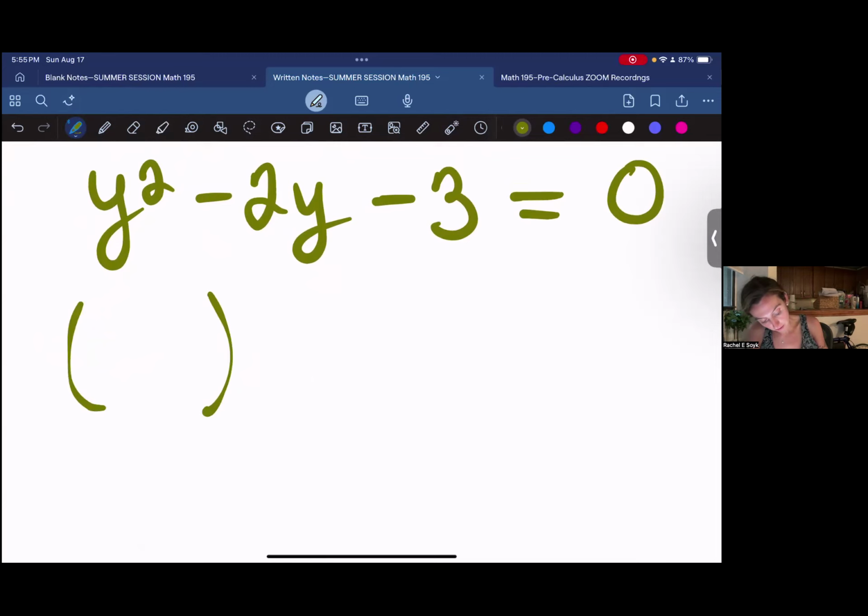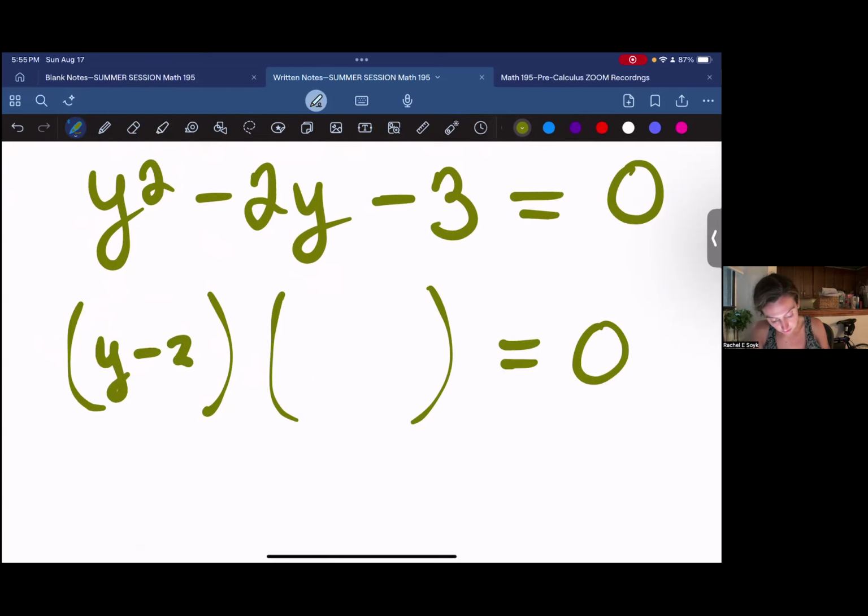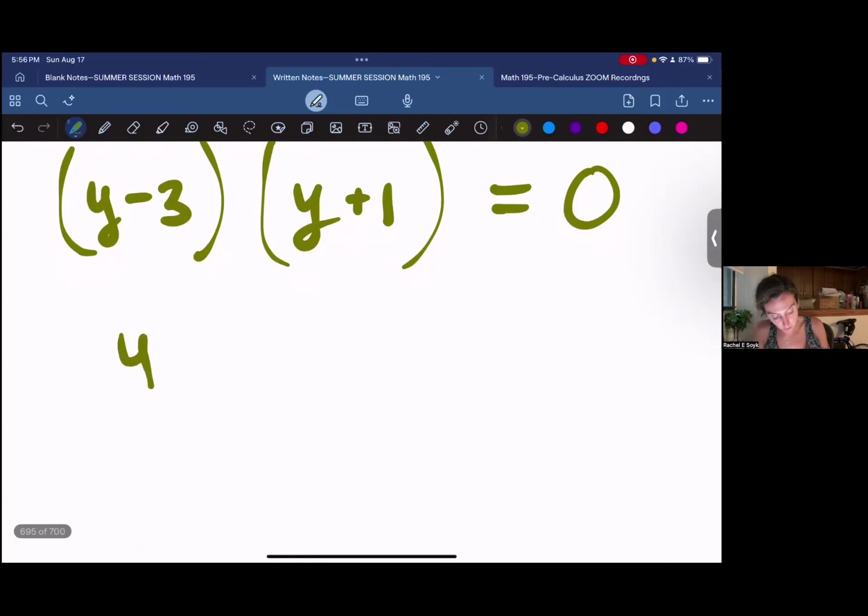What are factor pairs of negative 3 that add to negative 2? Just negative 3 and positive 1. So y minus 3 and y plus 1, which tells us that our two y values are just negative 1 and positive 3.